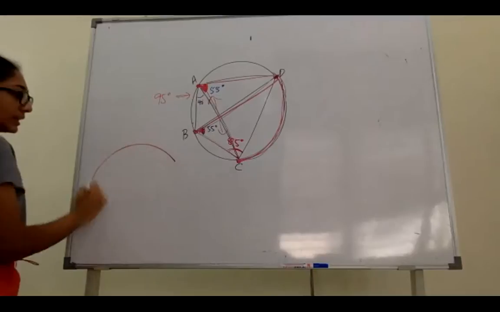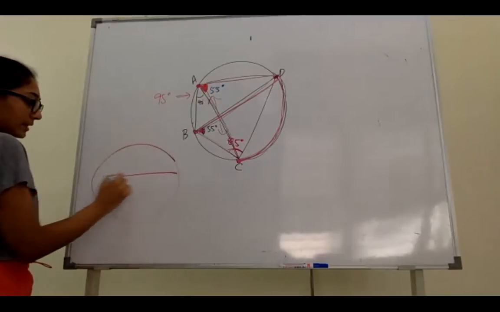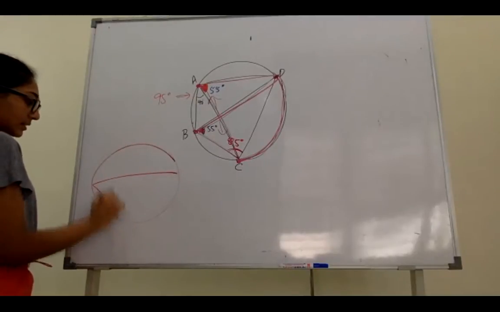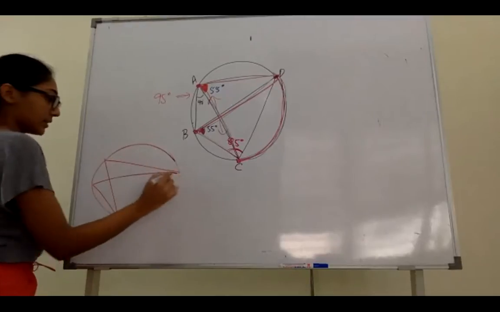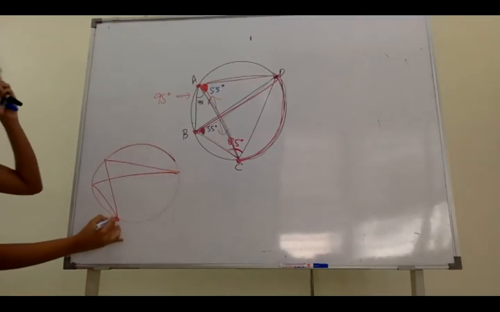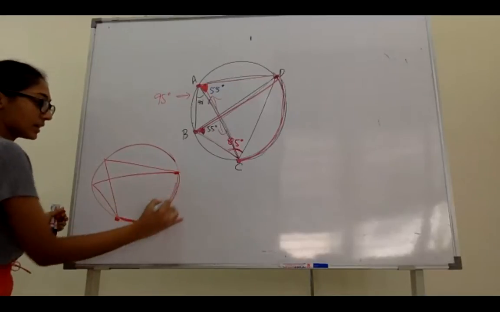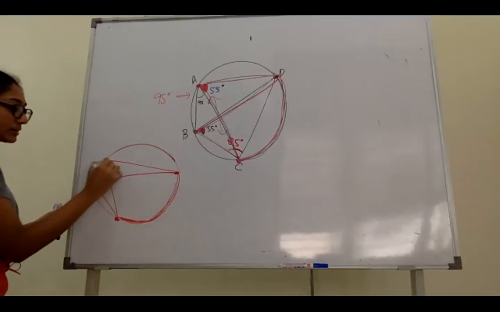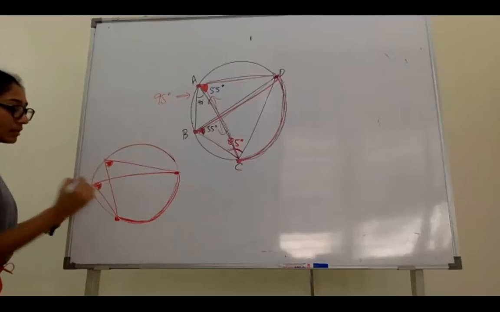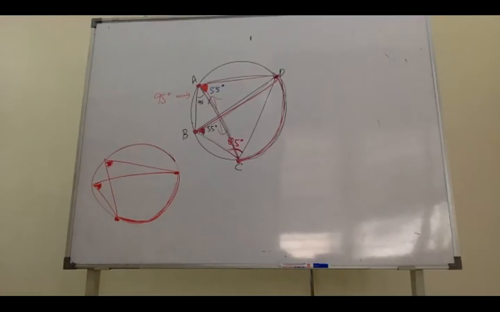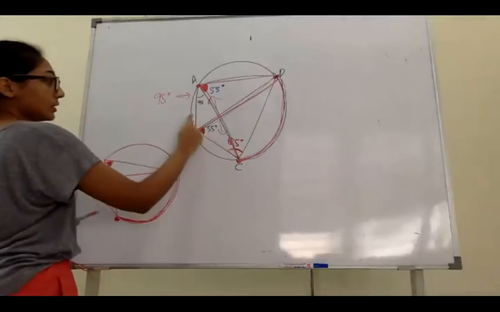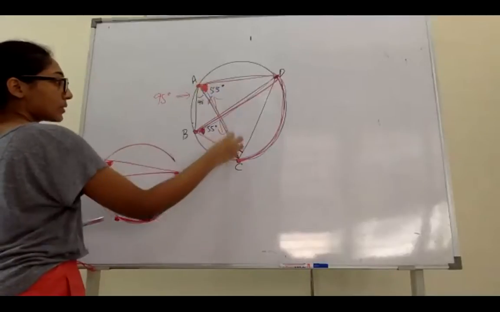It's like a circle like this, and they both intersect at the same point. That's why these two angles are the same. Do you understand?